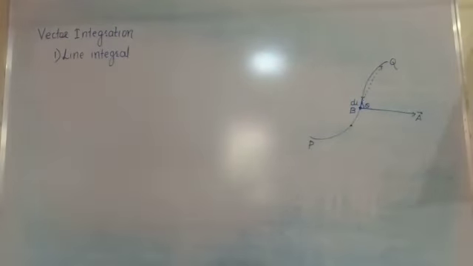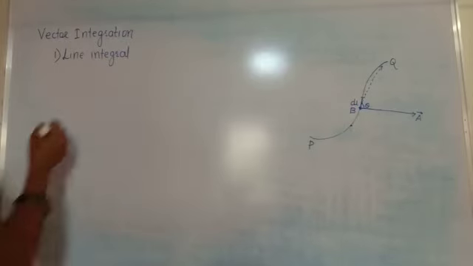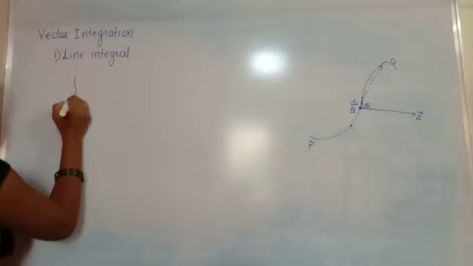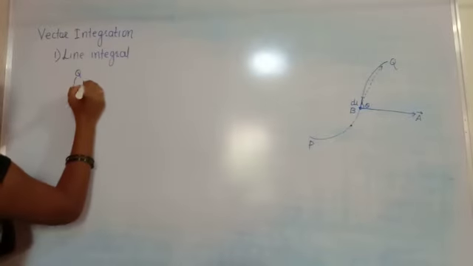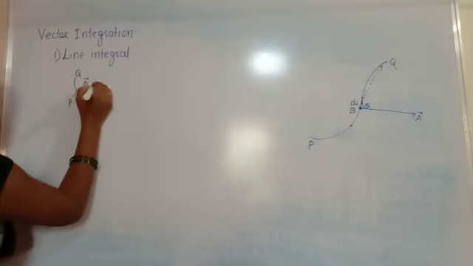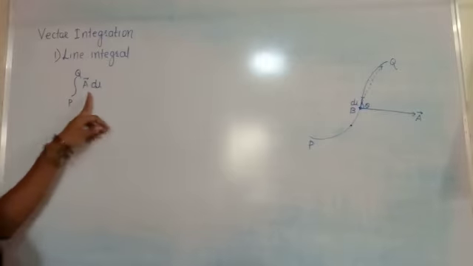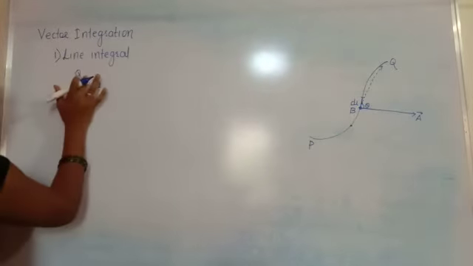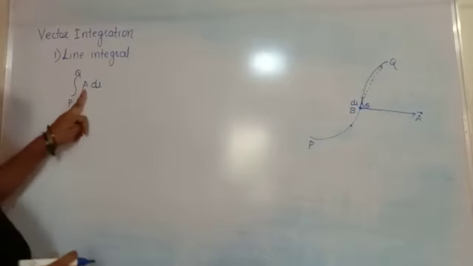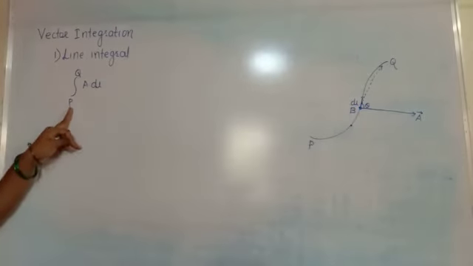Then the integral from point P to Q along this curve can be written as the integral of vector A dot dl. Here we are taking the dot product, so we can't write the arrow. So this is the integral from P to Q of A dot dl.